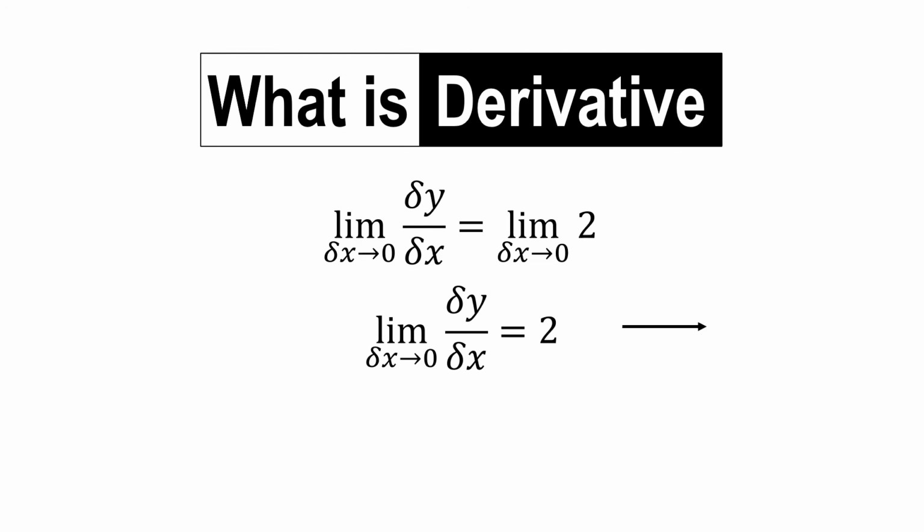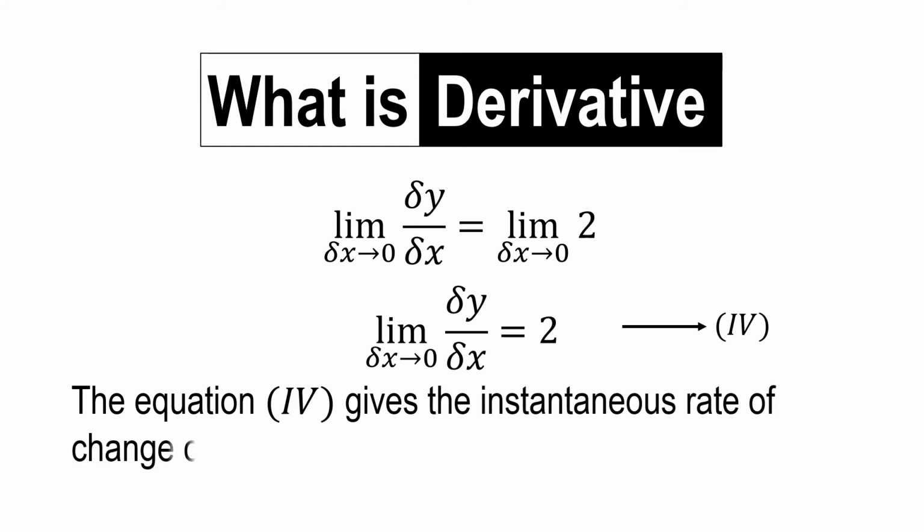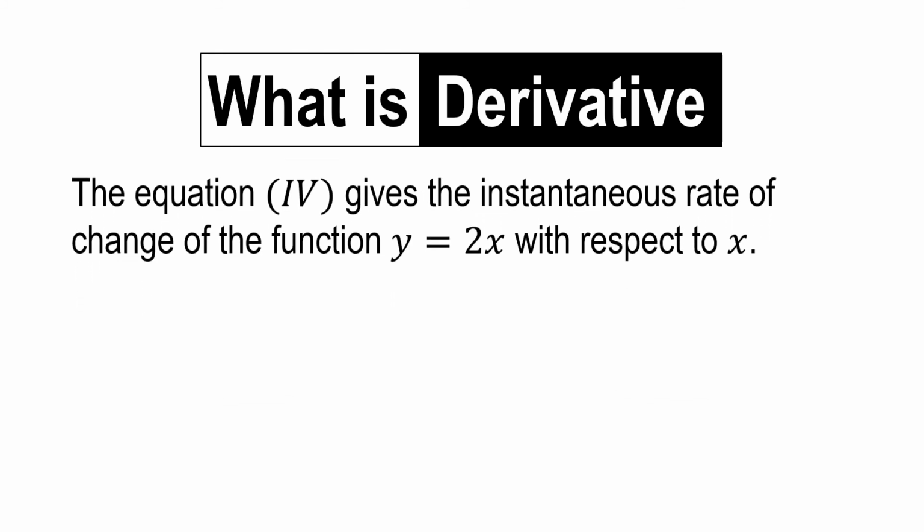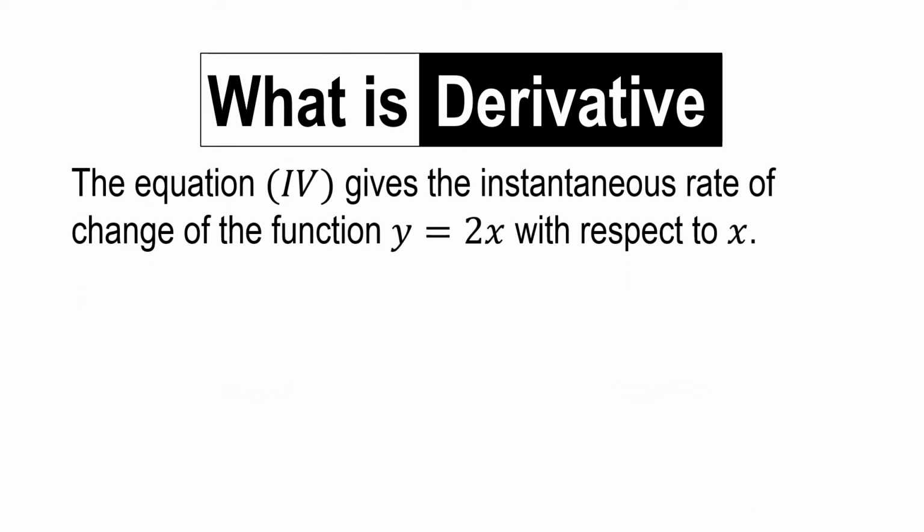Limit delta x approaches 0 of delta y over delta x is equal to limit delta x approaches 0 of 2. Limit delta x approaches 0 of delta y over delta x is equal to 2. Name it as equation number 4.